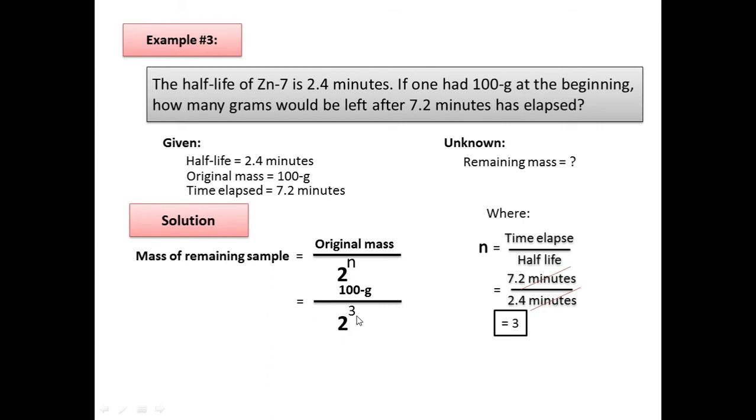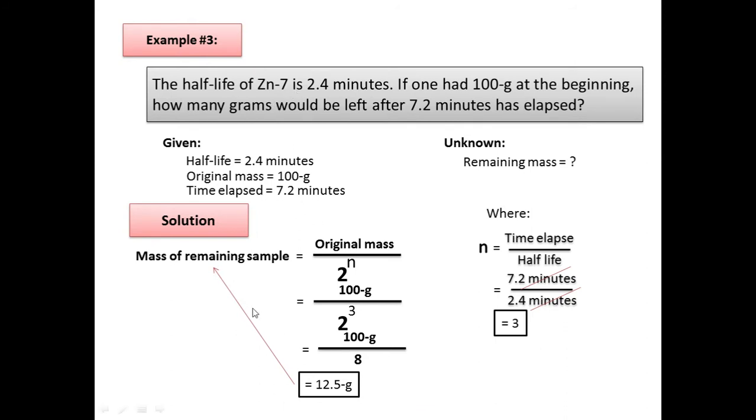Now 2 raised to 3, so it becomes 100 grams divided by, getting the cube of 2, so it becomes 8. 2 times 2 is 4, times 2 is 8. Now 100 grams divided by 8 will give you 12.5 grams. So the 12.5 grams here is the mass of remaining sample of zinc 7.